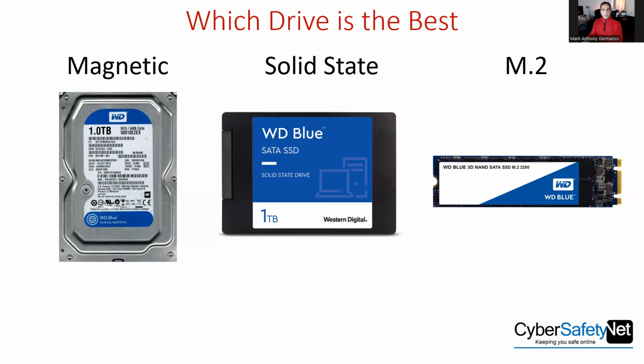And next up, the new kid on the block, the M2, which is a solid state drive, but smaller and faster. I've seen reports that show these at 5 times the speed of the solid states. And that's because these connect to the system board with a PCI Express slot, whereas these two require a SATA cable.